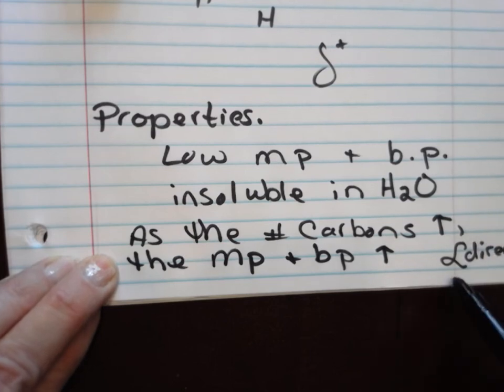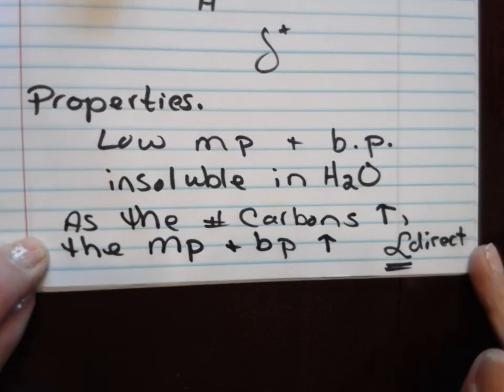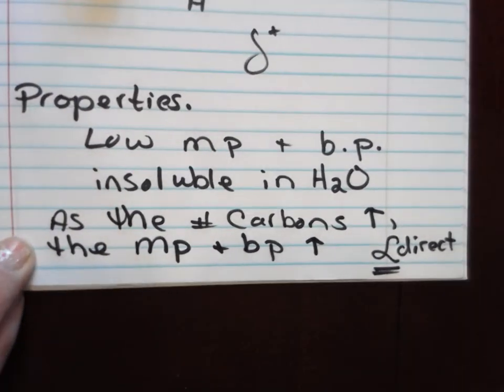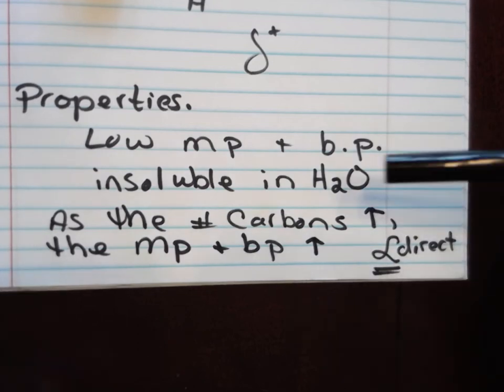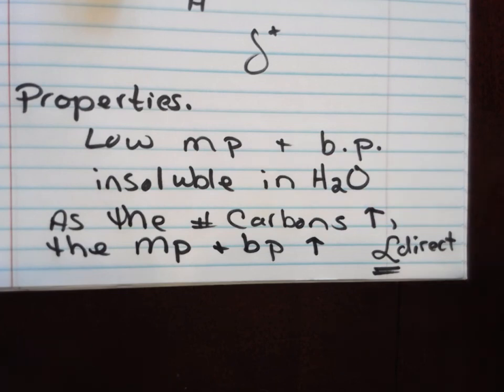I don't know if you had this in your math class or not, or in another chemistry class, but that means direct relationship. So as the number of carbons increase, so does your melting and boiling point. There are other properties of alkanes, but these are the ones that just come to my mind right now.